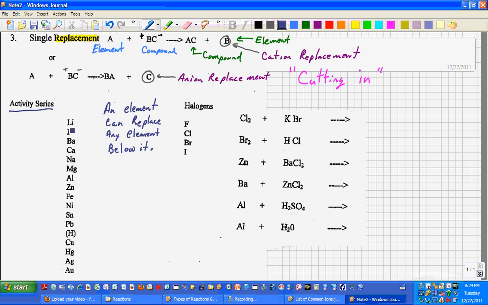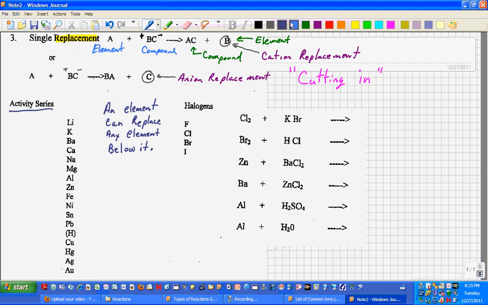So lithium can replace everything below it. Potassium can replace everything below it. Poor gold down here has nothing below it. Gold can't replace anything. There are two separate lists because there are two separate types of single replacement reactions.